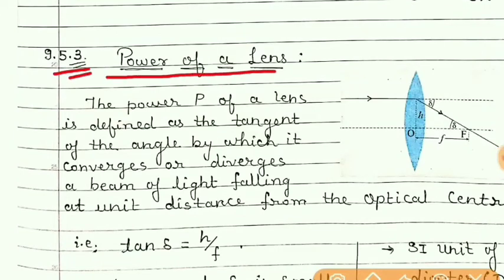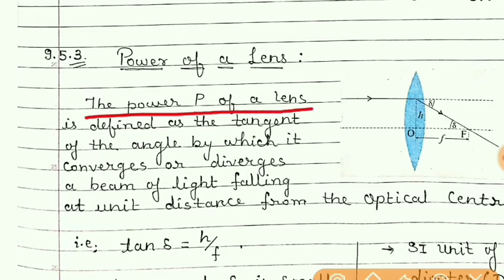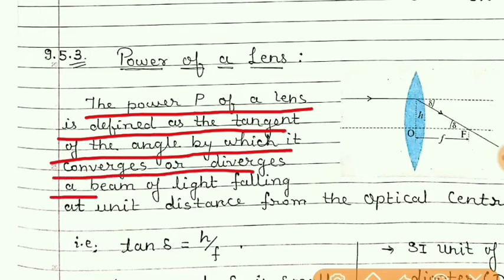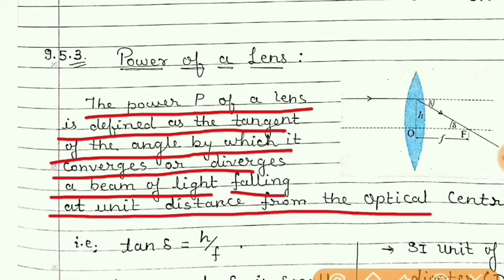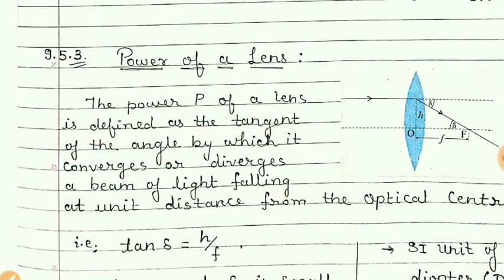Now about power of a lens. Students, the power of a lens is defined as the tangent of the angle by which it converges or diverges a beam of light falling at unit distance from the optical center. To understand this, suppose there is a lens on which parallel rays are incident.